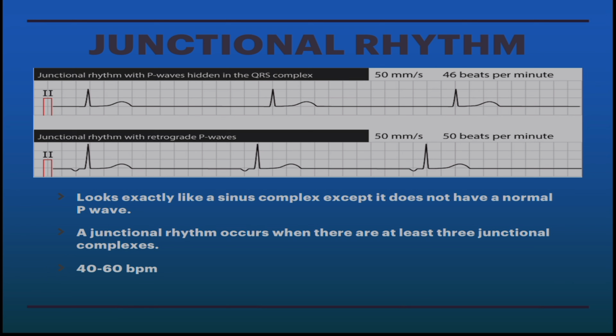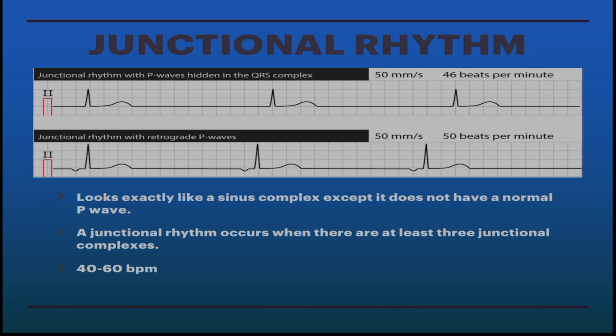Here we are looking at a junctional escape rhythm, or a junctional rhythm. It looks exactly like a sinus complex, except it doesn't have a normal P wave. A junctional rhythm would occur when you have at least 3 junctional complexes, and what's basically happening is the SA node fails to fire, and the junctional area realizes this, and it begins to initiate the pacemaking duties to keep the ventricles from going into a standstill.